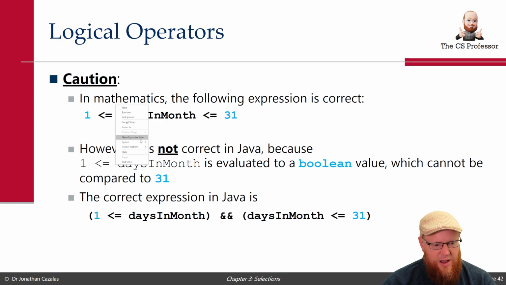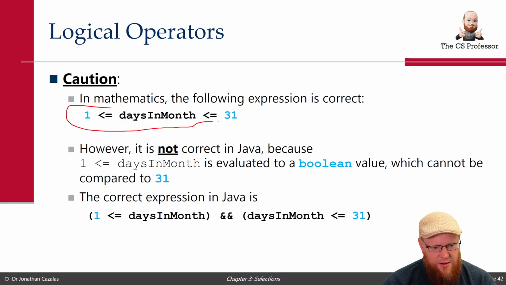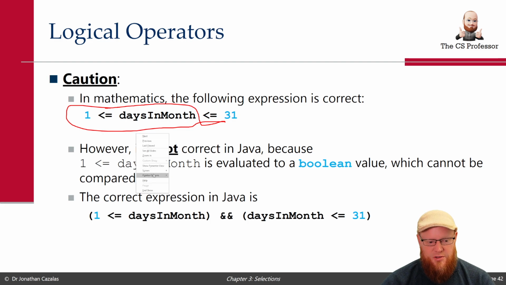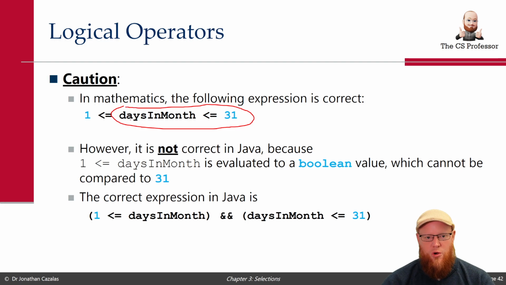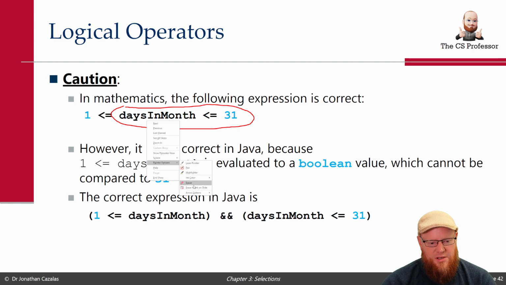Let me actually just draw this out with a pen. This right here needs to evaluate to true or false, right? And then this as well needs to evaluate to true or false. And that doesn't work on the example that we're seeing here.